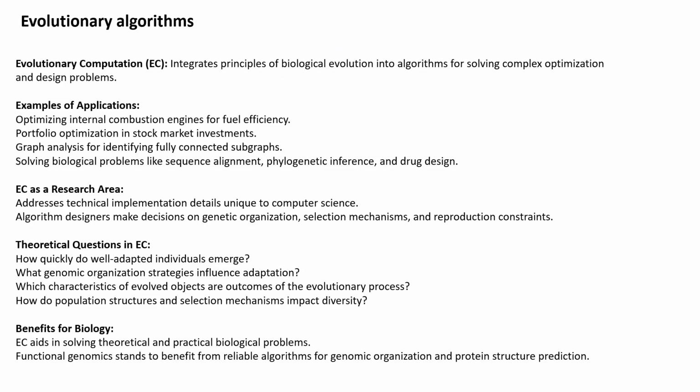So first is the concept of evolutionary algorithms. What is an evolutionary algorithm, or what is evolutionary computation? It basically integrates the principles of biological evolution into algorithms for solving complex optimization and design problems. So basically, how evolution occurs, how across random events these mutations occur, and how these mutations bring about changes in the organism.